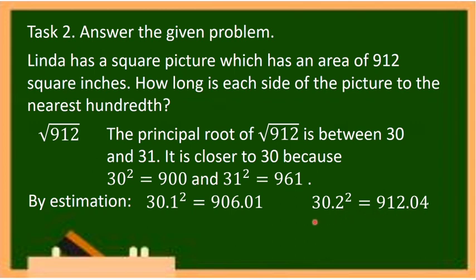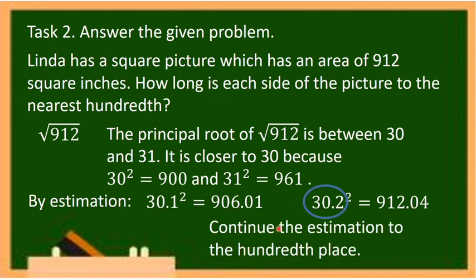Which is closer between these two, 30.1 or 30.2? 30.2 is closer to 912 because 912.04 is closer to 912.